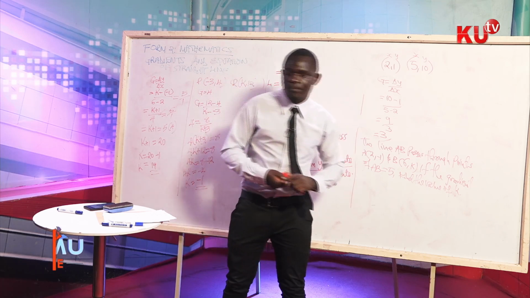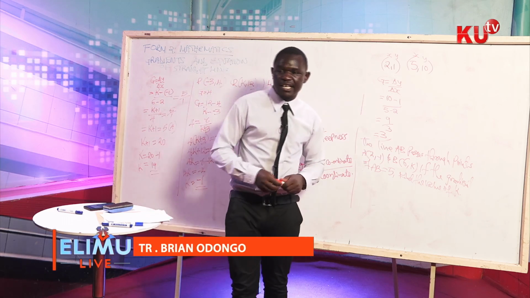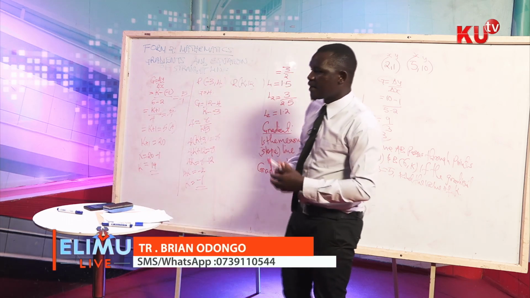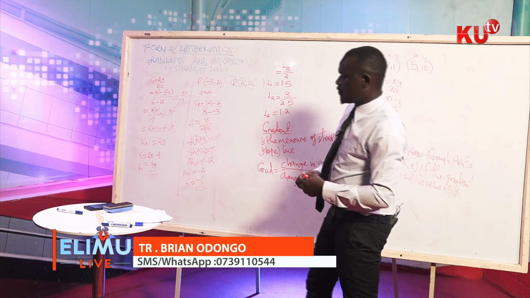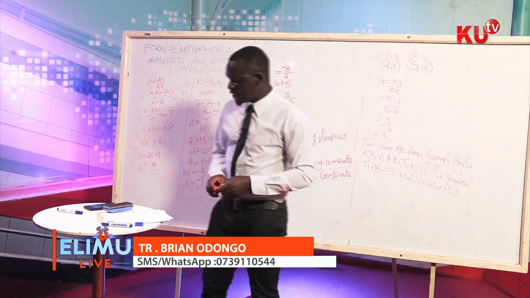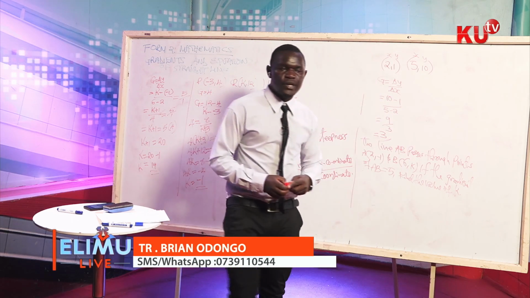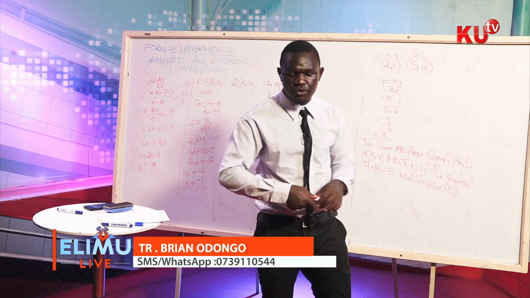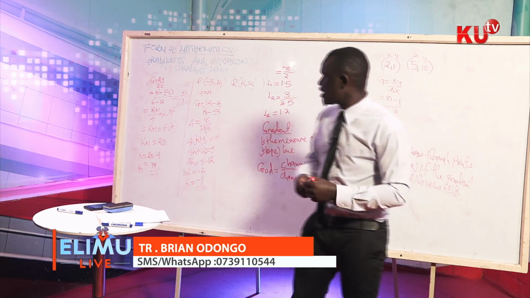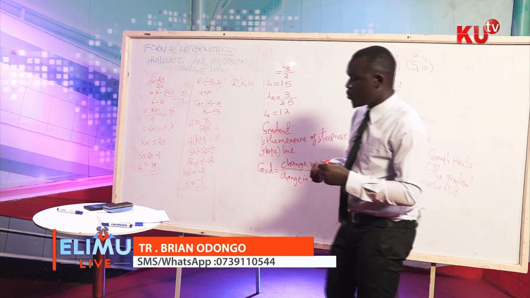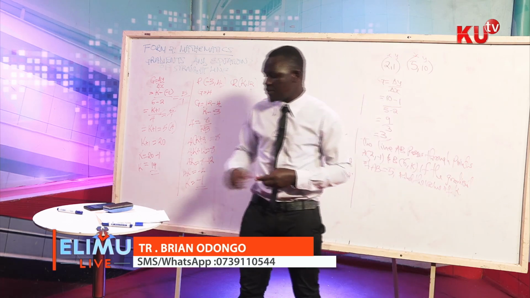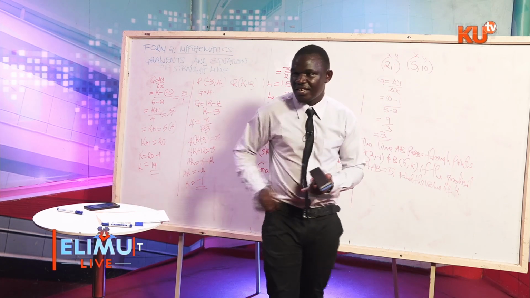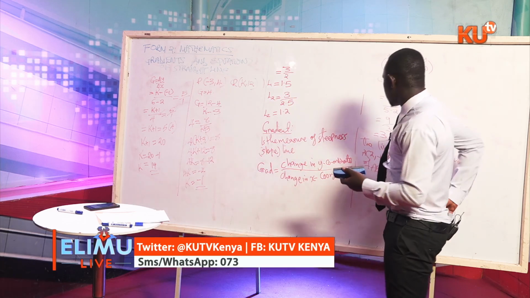Okay, thank you, Maria. She is now raising a question: what if you are given a certain equation, for example, yes, just give me your equation. Thank you. She's giving me an equation, y equals 3x plus 2.